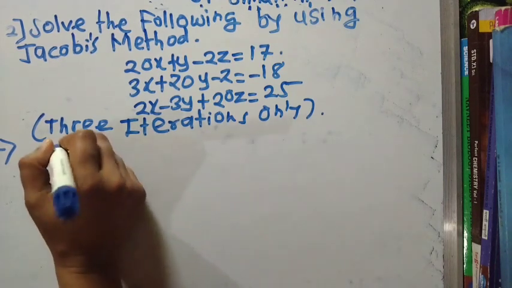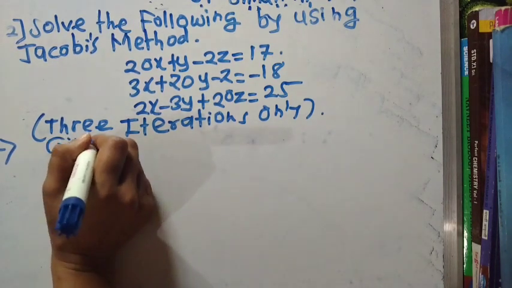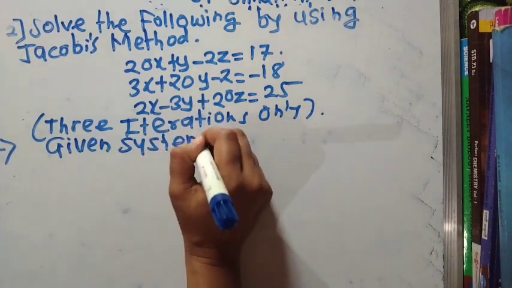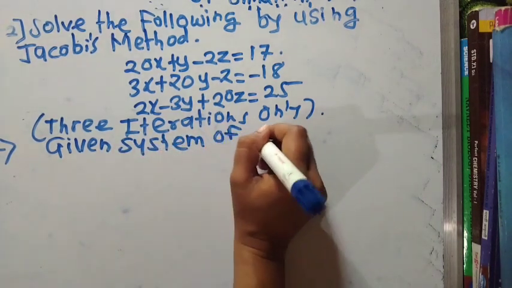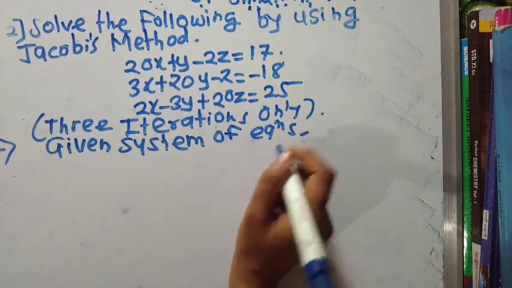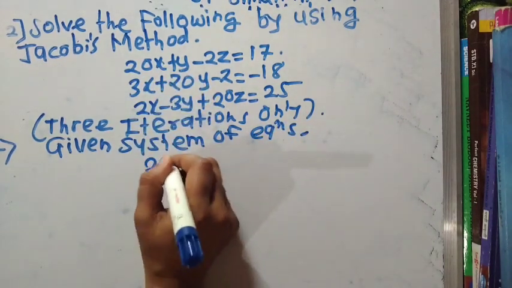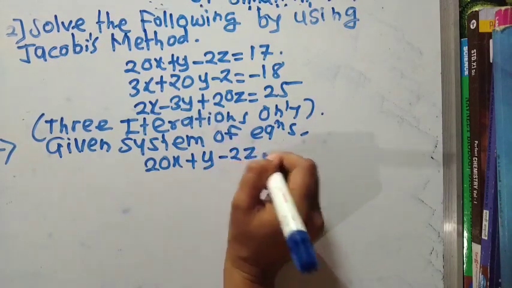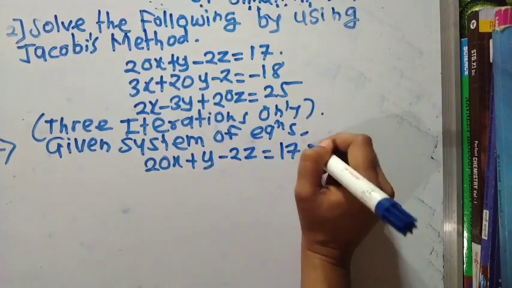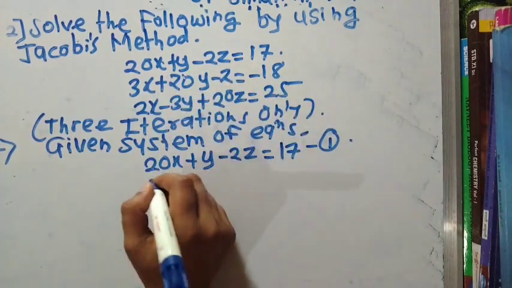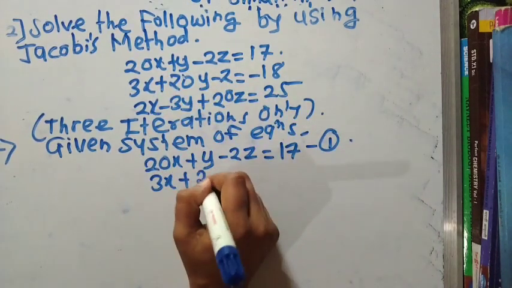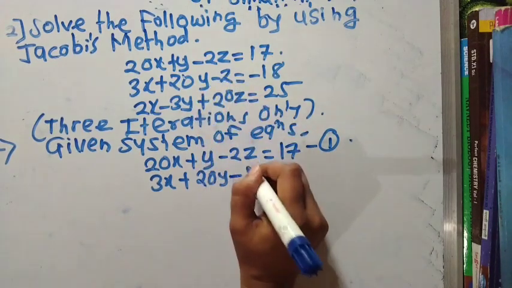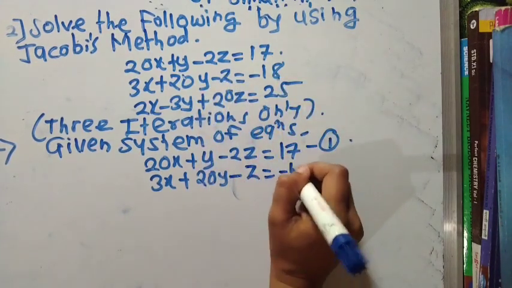So here first, the given system of equations is 20x plus y minus 2z is equal to 70, then 3x plus 20y minus z is equal to minus 18.